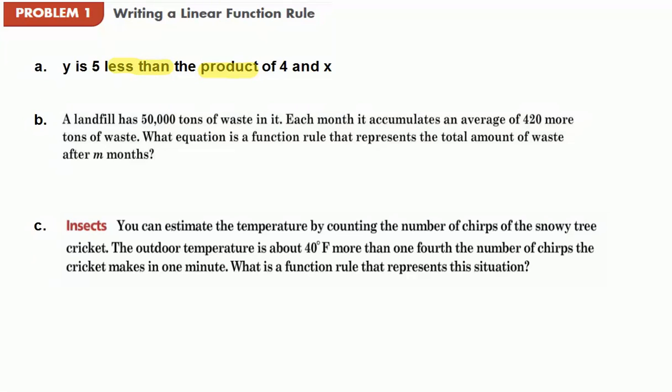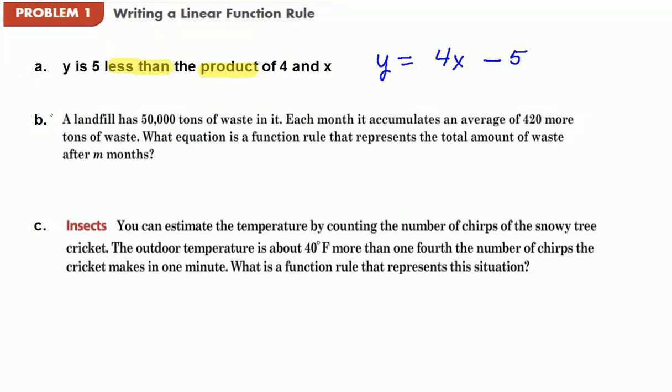So we're going to go ahead and write y is, means equals, 5 less than. Okay, so that means we're going to put the 5 on the back, and it's a subtraction. The product means to multiply 4 and x, so we're just going to put 4x. So our equation is y equals 4x minus 5.